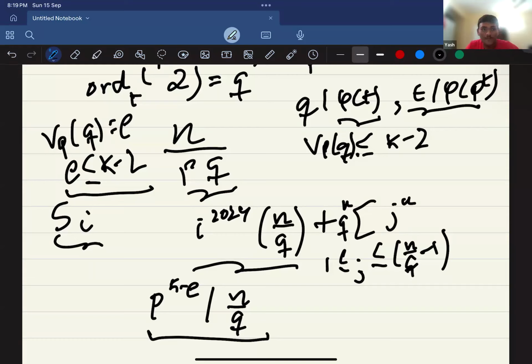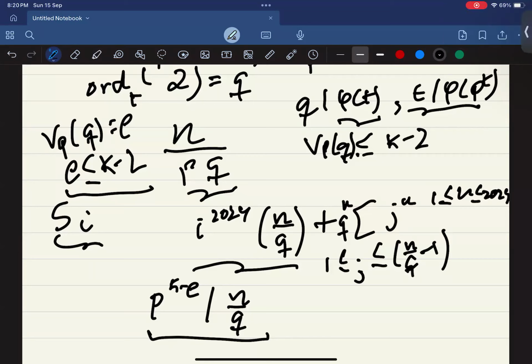Do people see it? Your u is varying from 1 to 2024. Basically, binomial theorem. Mandar or anyone, you can unmute. No, I don't see it.